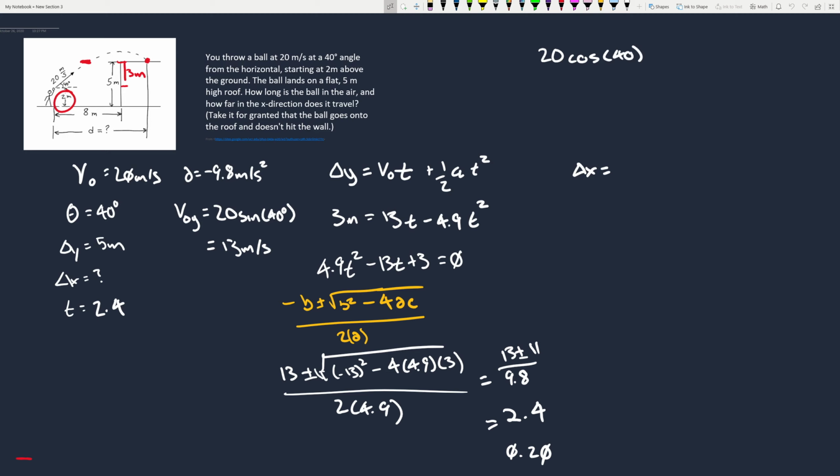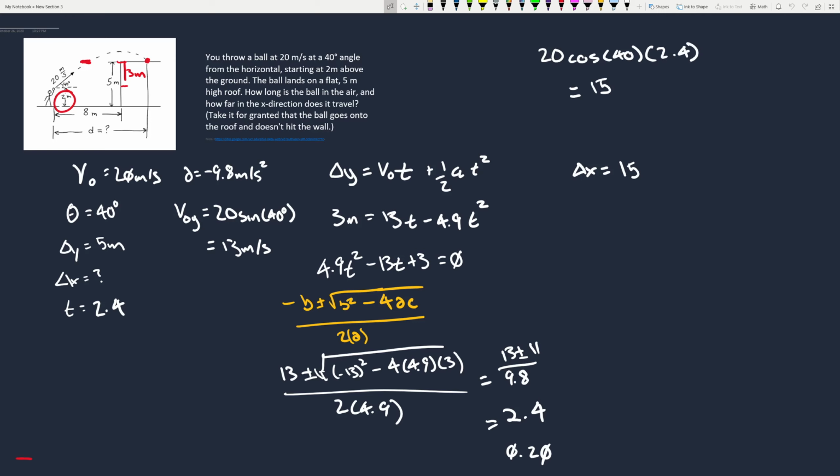That's going to come out to around 15, and we multiply it by 2.4.